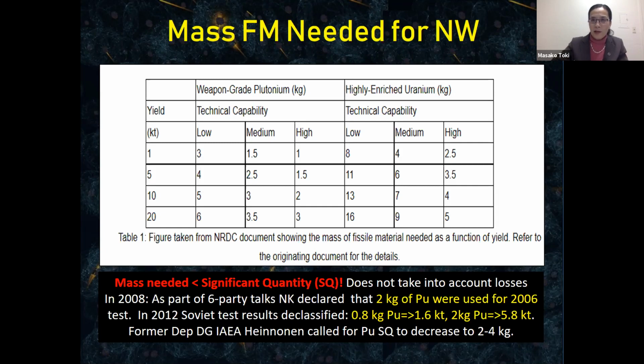Okay, so let me take a second and talk about how fissile material is produced first, because I didn't cover that so much. First of all, the isotope uranium-235 is very rare in natural uranium.